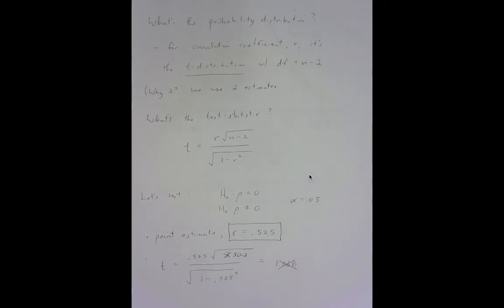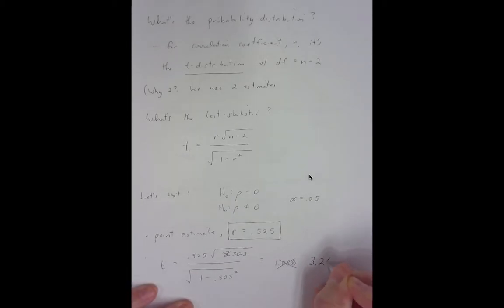So we have 0.525 times the square root of 28, divided by the square root of 1 minus 0.525 quantity squared. You guys, I get 3.26 as the test statistic.